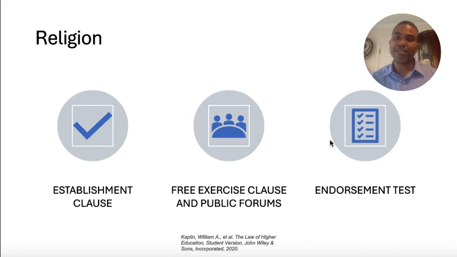On one hand, you'll have situations in public institutions where people feel that the public institution is endorsing a particular religion. Then you have issues of private institutions and figuring out what they can do, what they cannot do, what they can limit, maybe in terms of employees. And so these are all issues that colleges deal with.